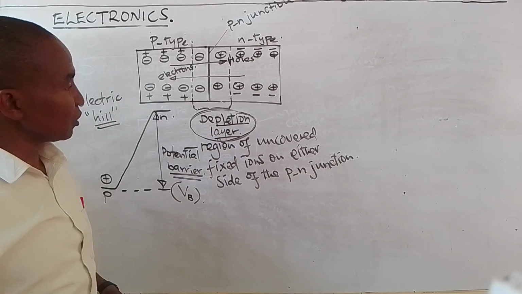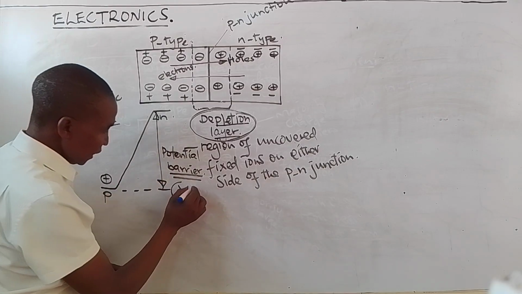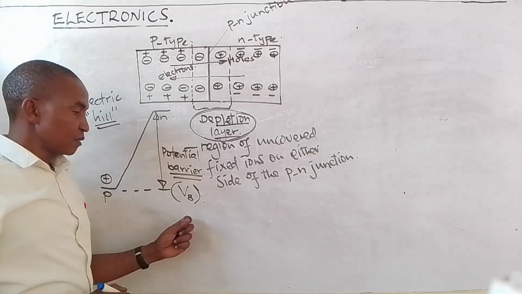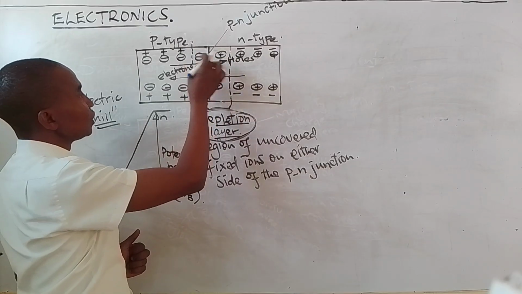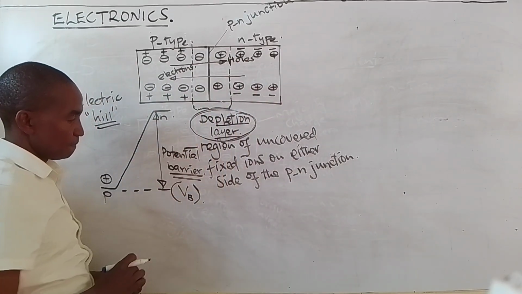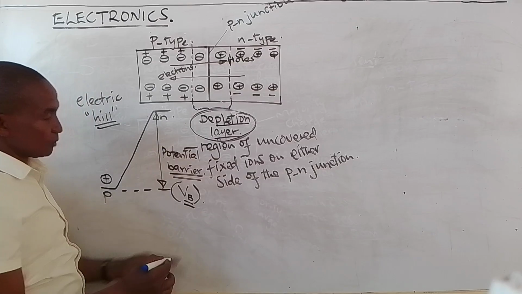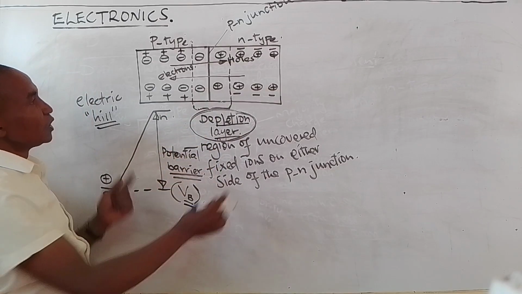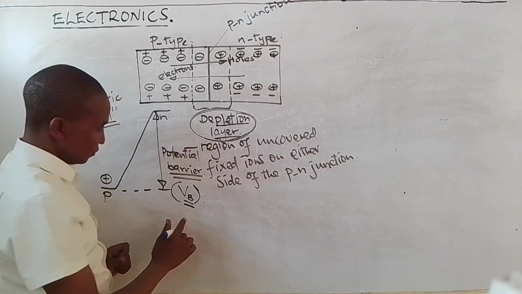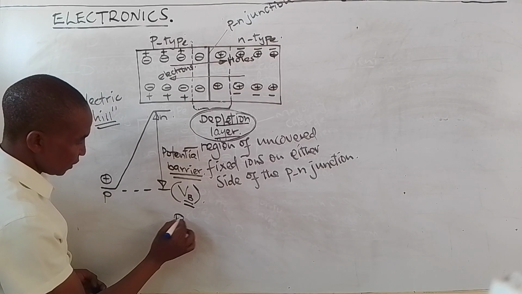To get rid of this depression layer, we shall provide voltage across that crystal. That process of supplying voltage to a p-n junction is called biasing.